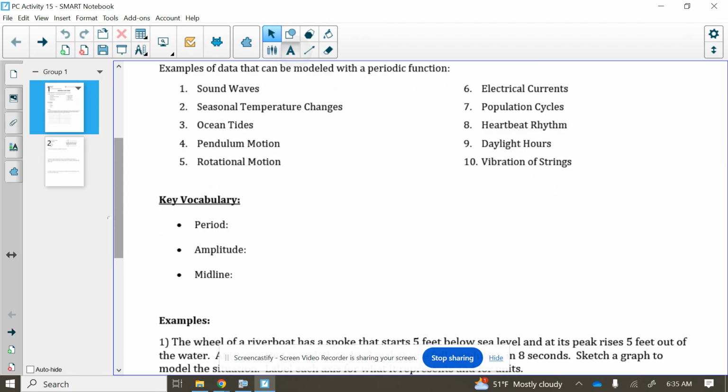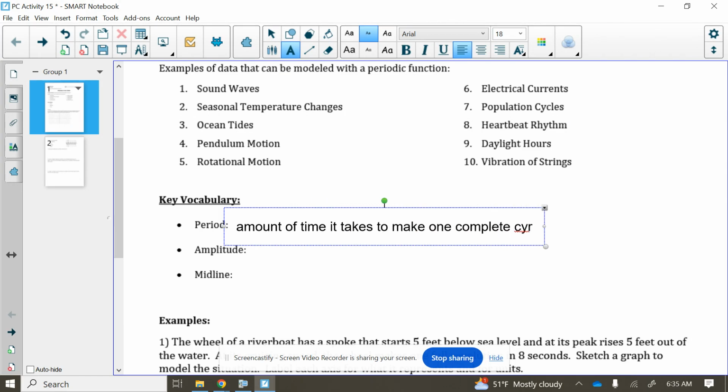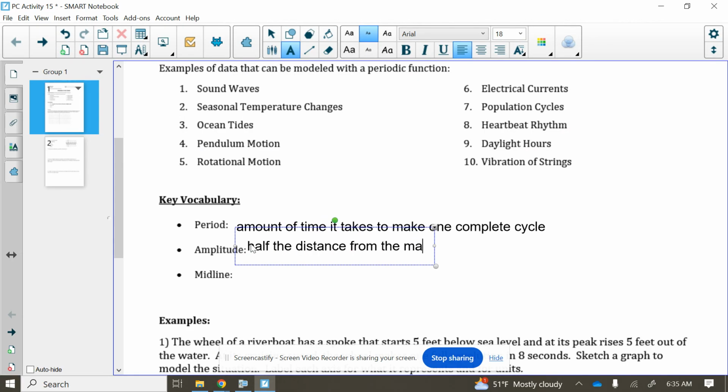Now, some key terminology with these periodic functions. A period itself is the amount of time it takes to make one complete cycle in our situation or on our graph. The amplitude is half the distance from the max to the min in our situation.